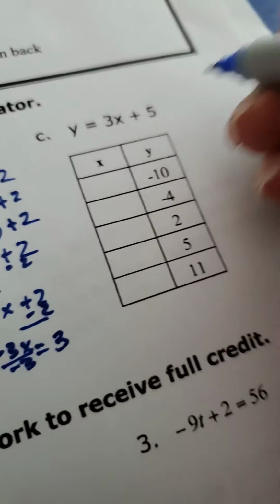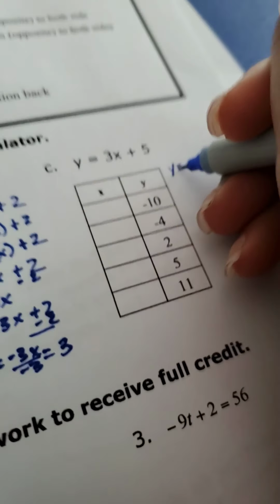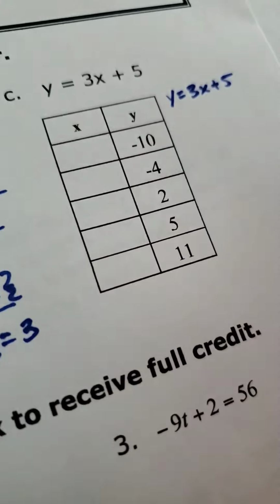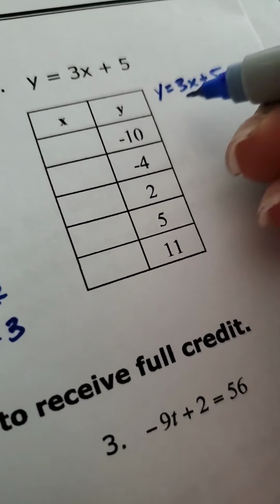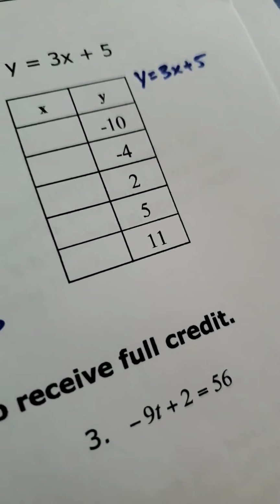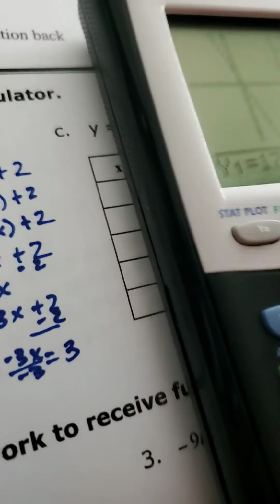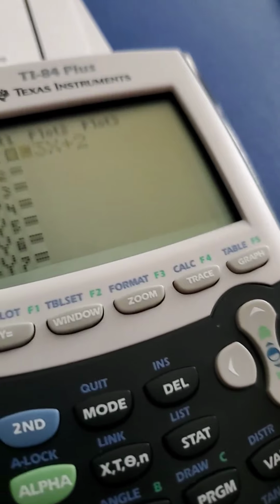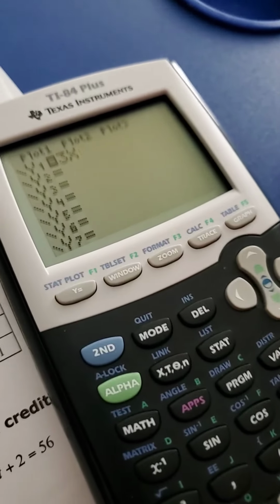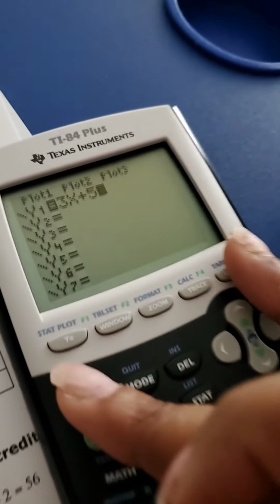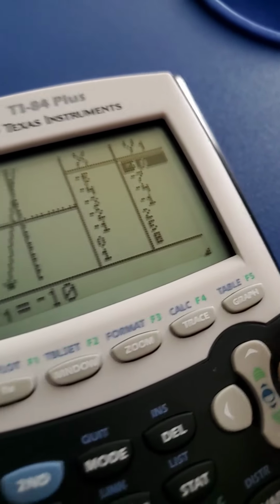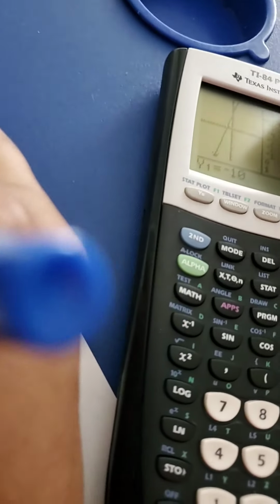Last one. Y equals 3x plus 5. This one only gave me y values. So what I would do is plug that in: 3x plus 5. In order to get negative 10, I have to be at negative 5 as my x value.